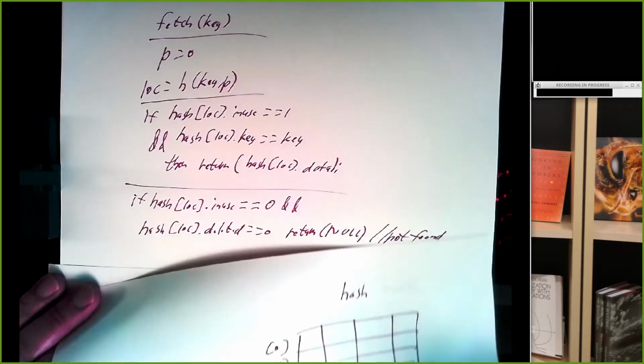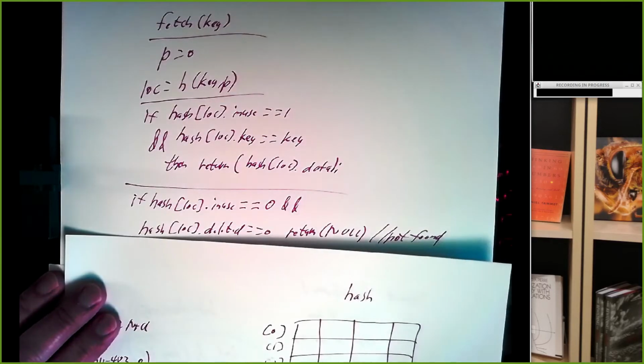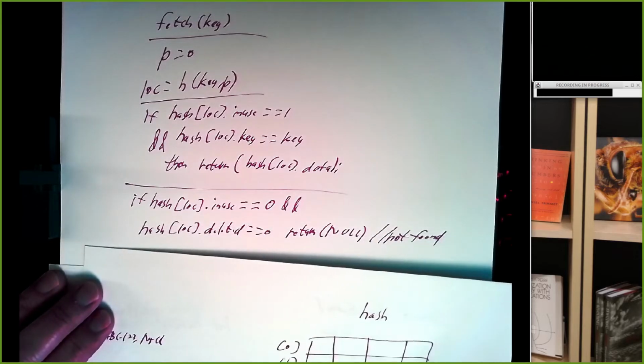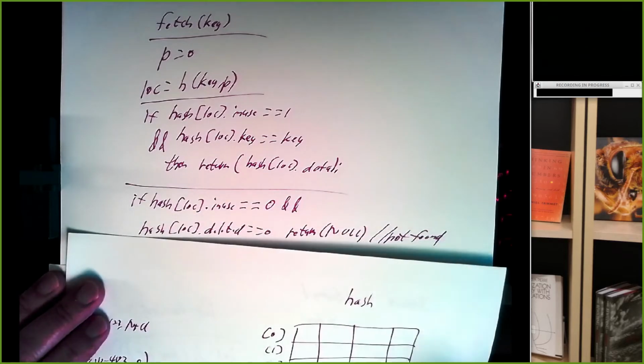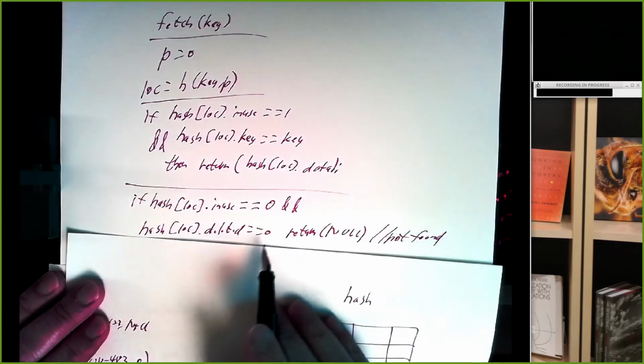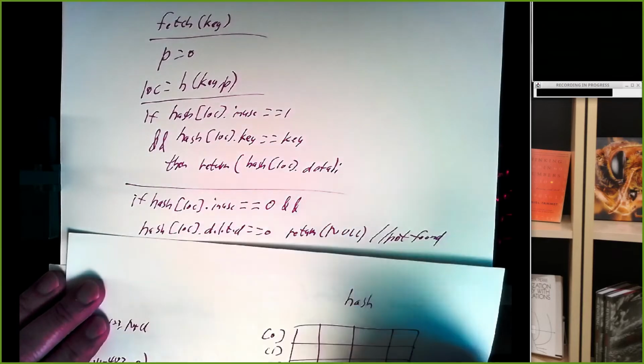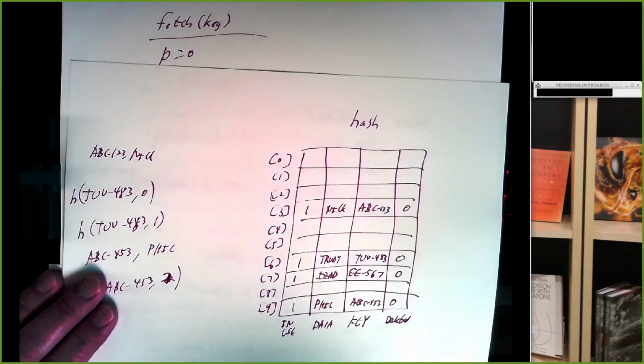The other possibility is that either in use is 1 and we didn't match the key, or deleted is 1. And in either case, that means we need to rehash.